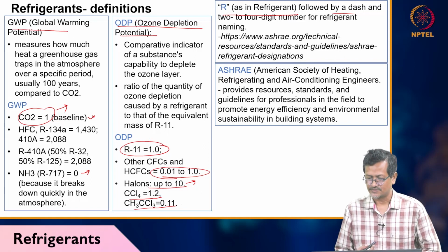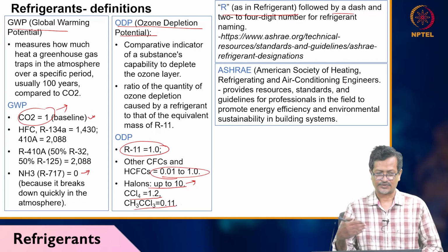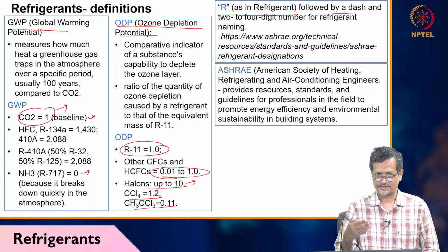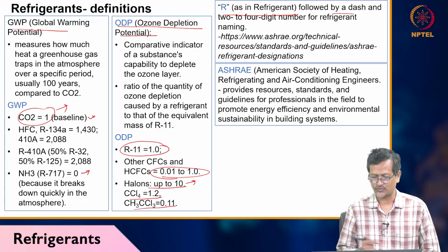ASHRAE is the American Society of Heating, Refrigerating and Air-Conditioning Engineers, basically a regulatory body, you can say. They put all the regulations, naming, and GWP potential digits on their website. They publish many books also. So if you want to know more about refrigerants and their effects, you should visit the ASHRAE website.